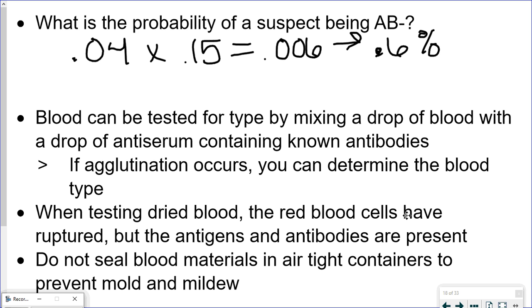And remember, when packaging any blood evidence, you don't want anything wet to go in a sealed container. You want to make sure it's in a breathable area and that you give it a chance to dry to prevent mold and mildew.